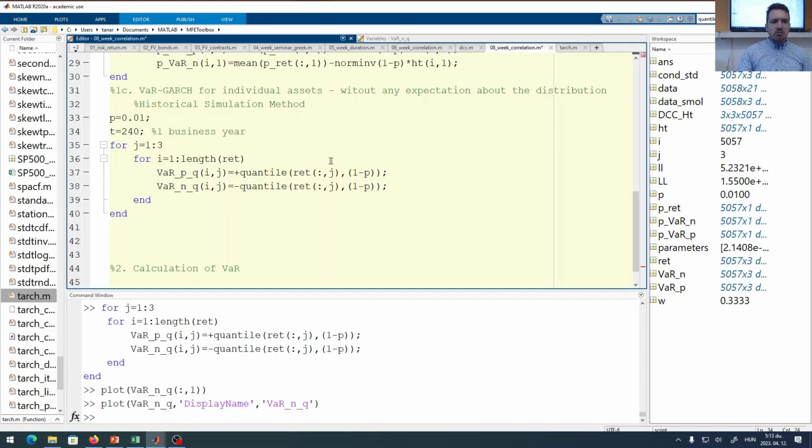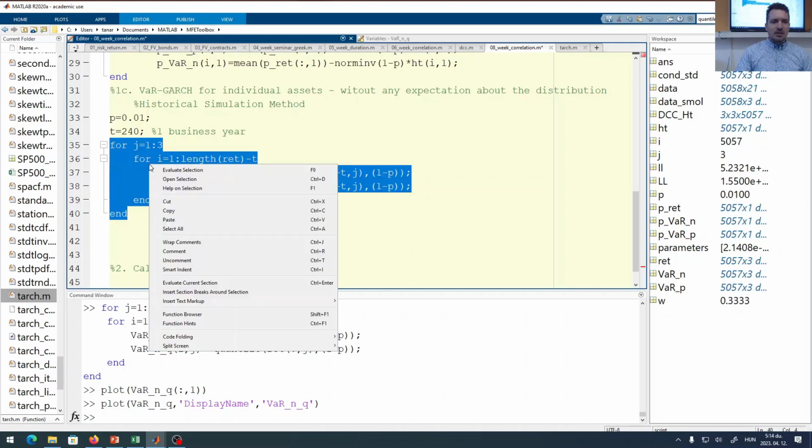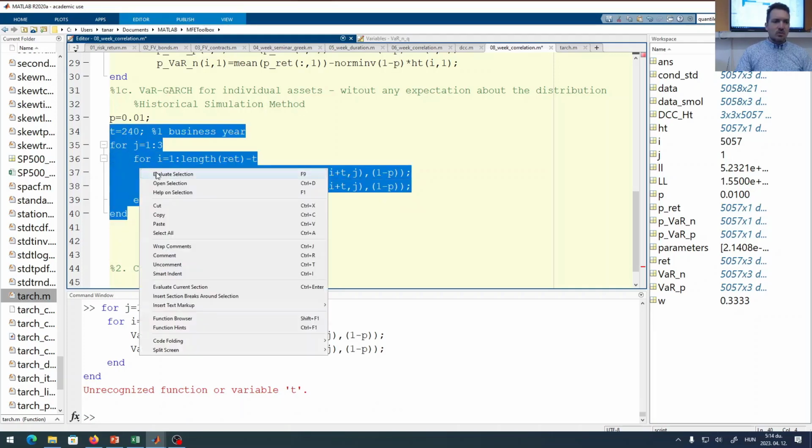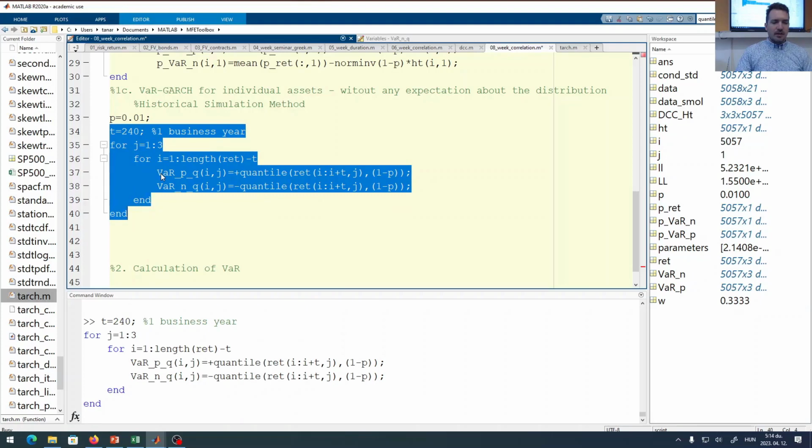This year, so we can emulate something like this, because if we are saying return I to I plus T, then in this case we have a similar calibration just at the end of the data, so we are not able to run further. So in this case we just, and quantile.